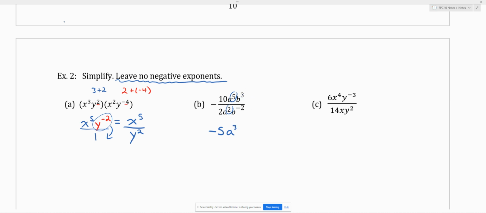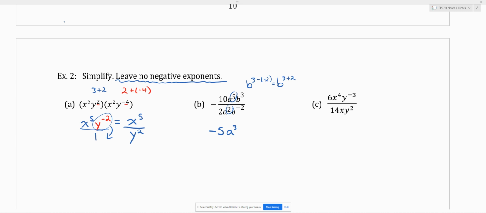And this was where it looks a little weird. We have b to the 3 over b to the negative 2. Now, I could have moved this b up top at the very beginning. Absolutely, that's no problem, and get rid of the negative exponent. But I did want to show you this other method, because this is going to be b to the 3 subtract negative 2. And we know when we subtract a negative, that's the same as b to the 3 plus 2.